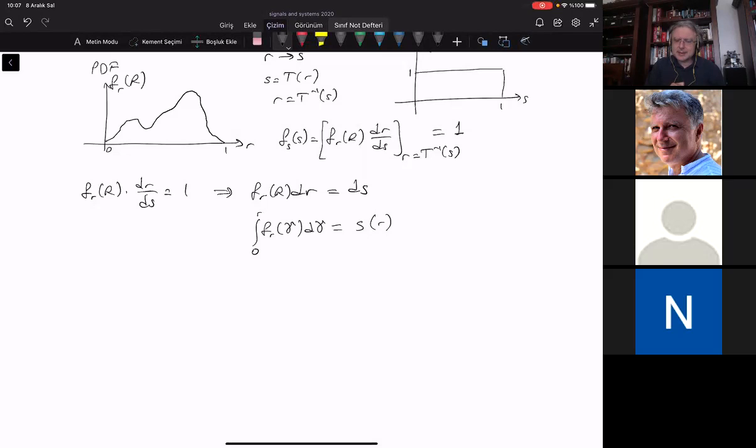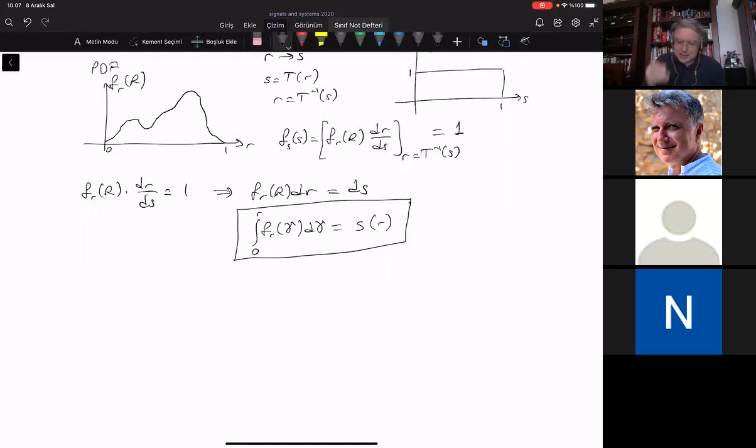Okay, this is the way that we integrate. And this left-hand side is the histogram equalization process that we have to apply to map every R into S of R.